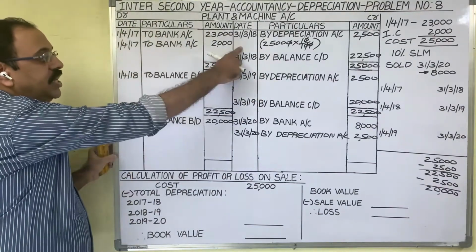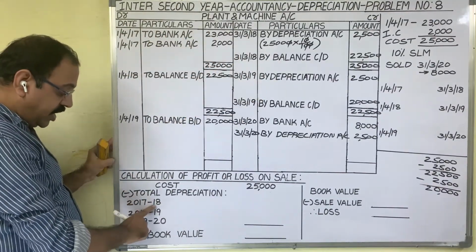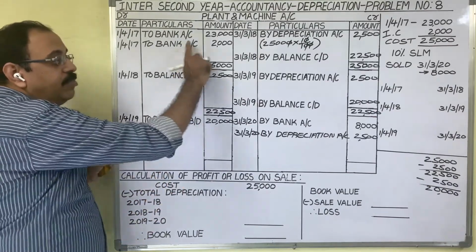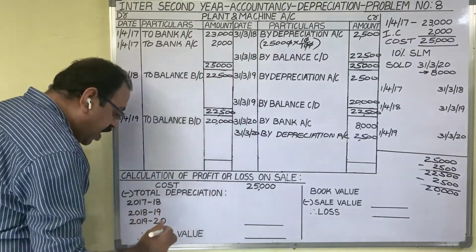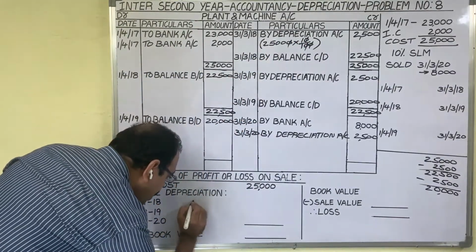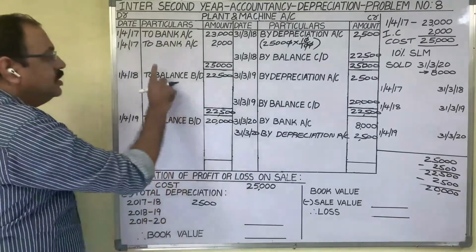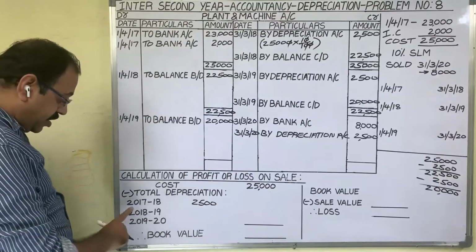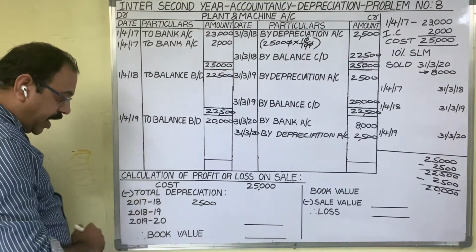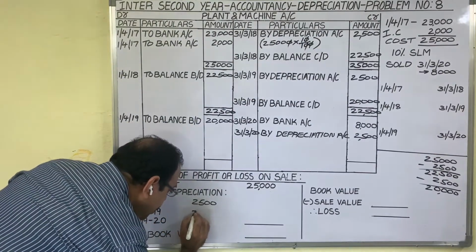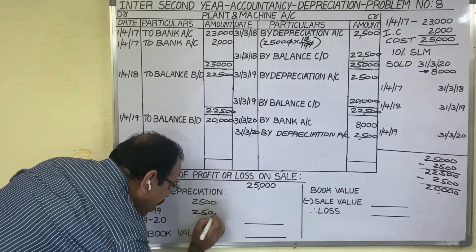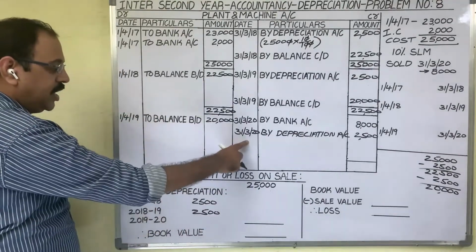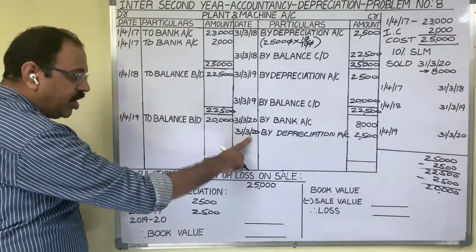In the first year, 2017 and 18, depreciation is 2500. Write it down in the inner column. Second year depreciation is 2500. The 2018-19 year depreciation is 2500. Third year, 2019-20.